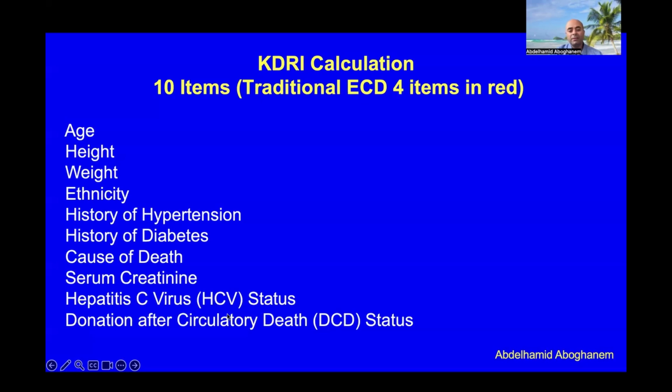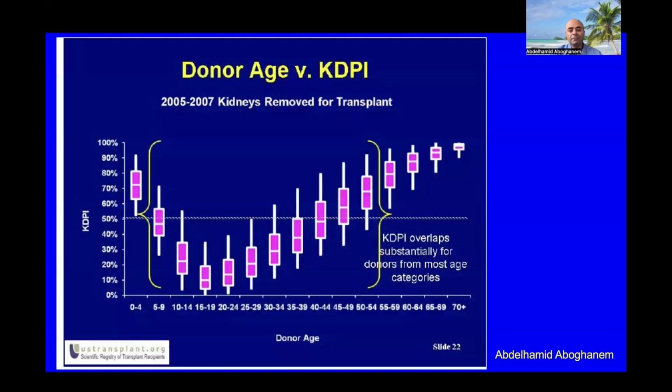Serum creatinine, hepatitis C, and donation after cardiac death, as I told you, all of this will make KDPI high. If the KDPI is high, around 80-90%, it will not be a good kidney, the quality is not good. And if it's a low KDPI, like 10%, 20%, 30%, it will be a better kidney.